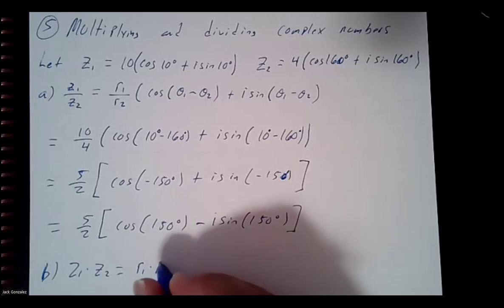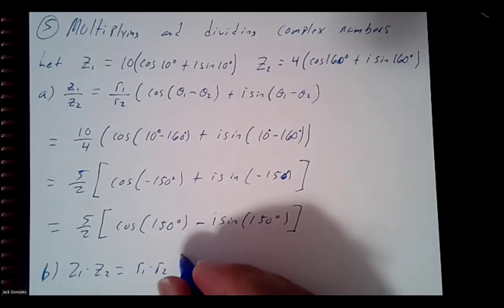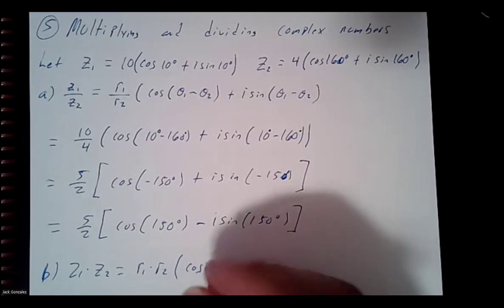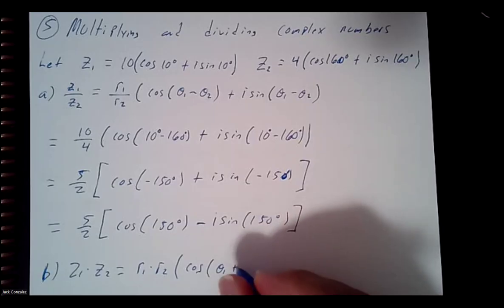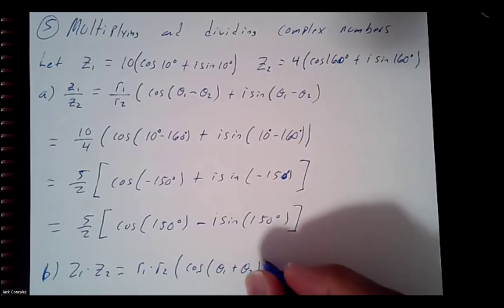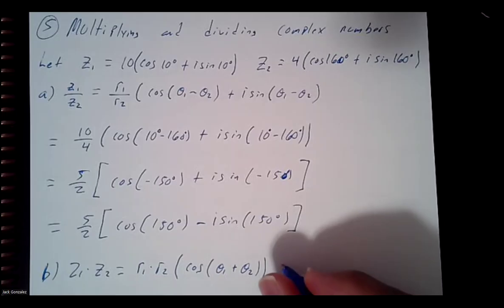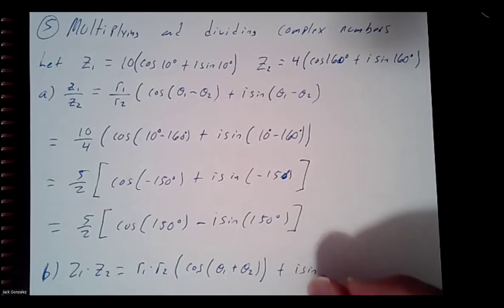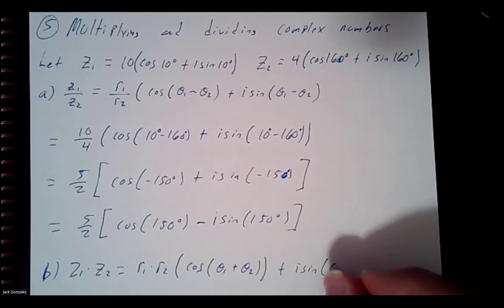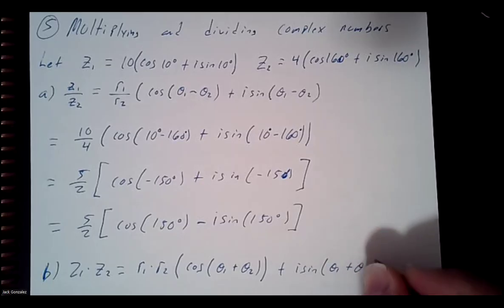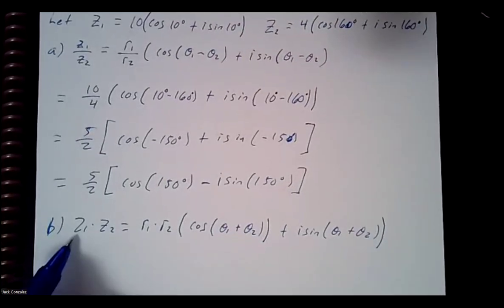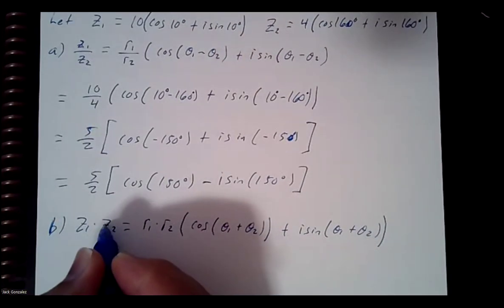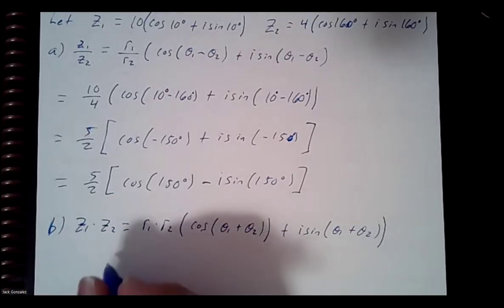R1 times R2 cosine of theta 1 plus theta 2 plus I sine of theta 1 plus theta 2. So theta 1 is from the first Z1 and theta 2 is from the second Z2 here.